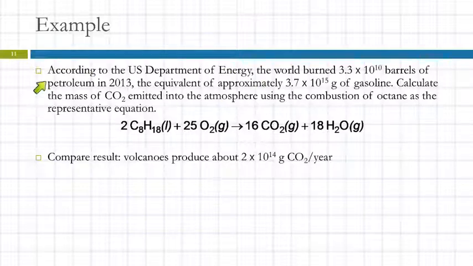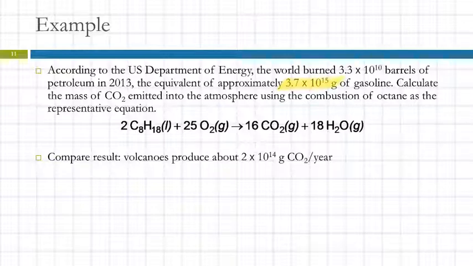So, lots of words, lots of numbers. We always need a balanced chemical equation, and we can use that to organize the information. This barrels of petroleum. Do we necessarily need all the numbers? We don't. I mean, that's interesting, but they're saying this many barrels of petroleum, which is equivalent to this amount of gasoline. So those things are pretty much the same. The one that we're more interested in is this one.